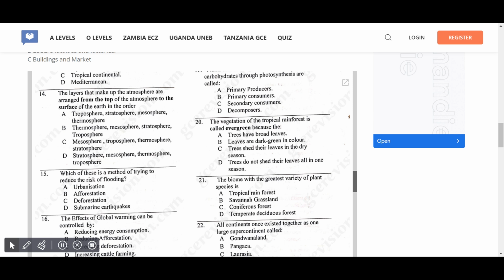The answer is B, thermosphere, mesosphere and stratosphere. Question 15.